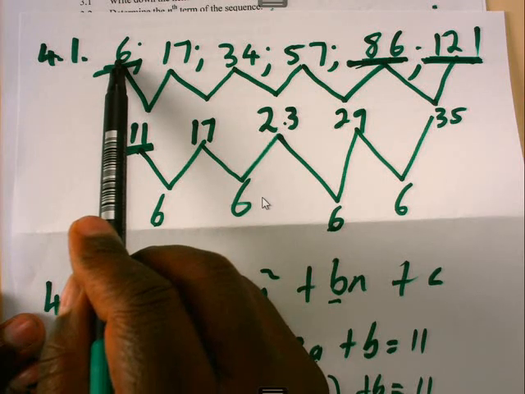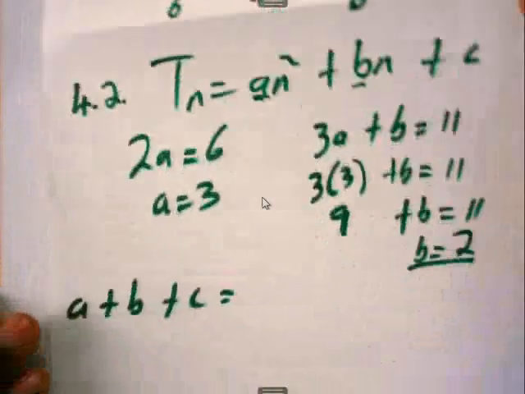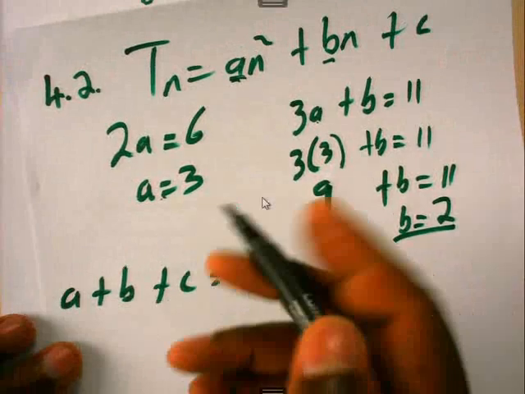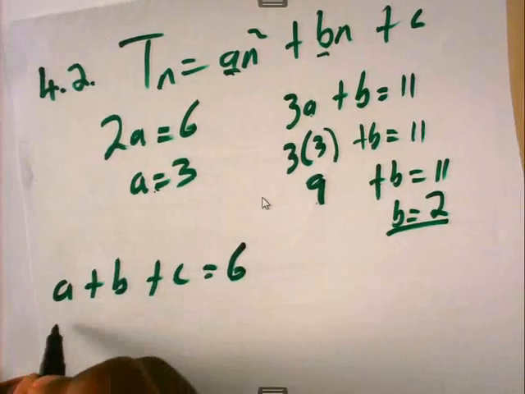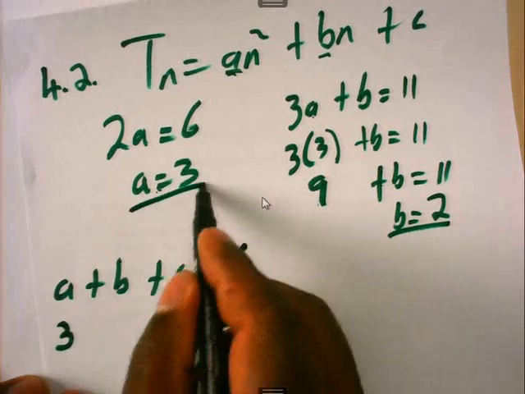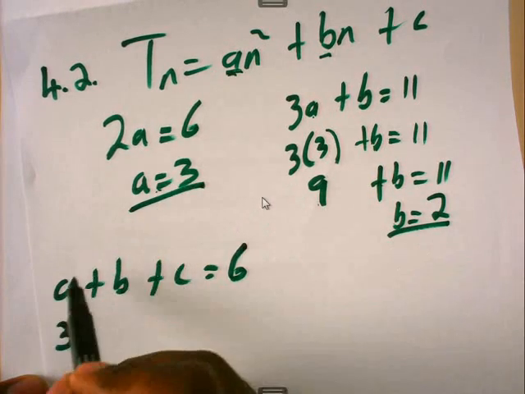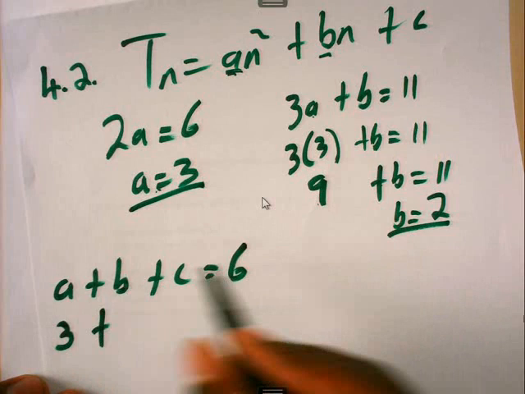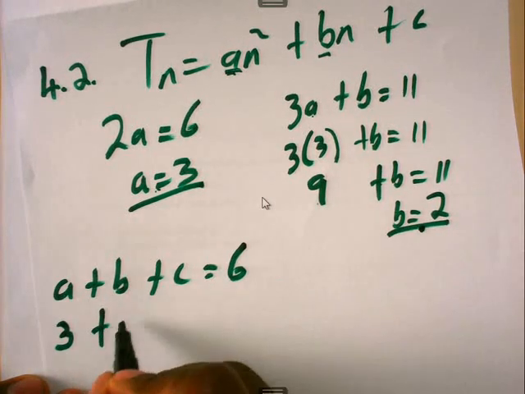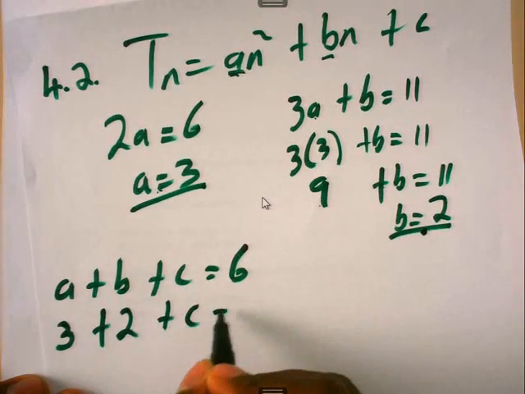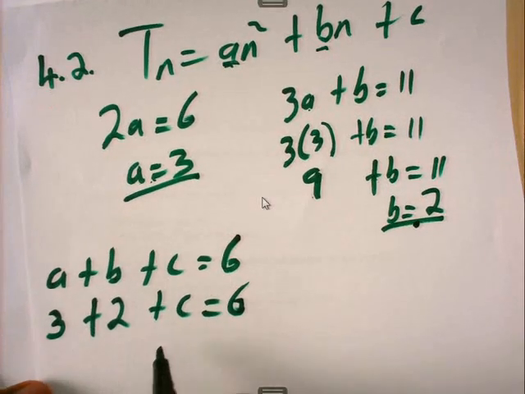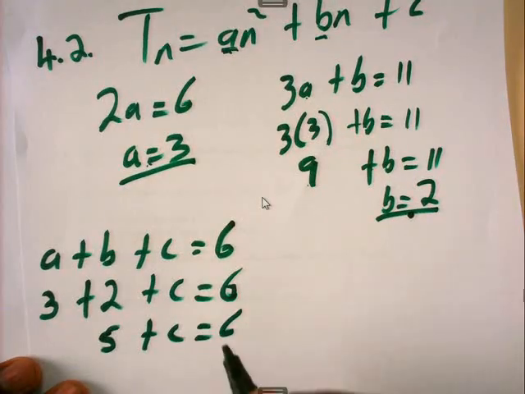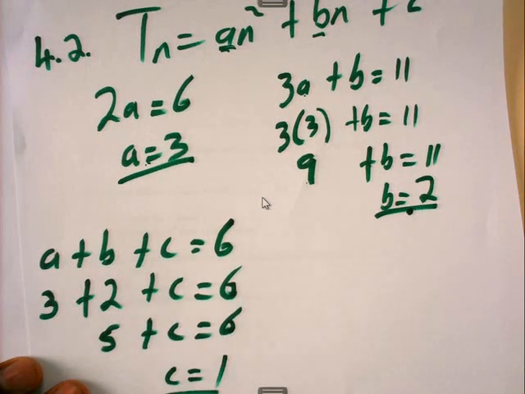So we say a plus b plus c equals 6. a is 3, so we substitute a by 3, plus b is 2, we substitute b by 2, then we need to determine the value of c. Therefore, 3 plus 2 gives you 5. Then you transpose, and c will be equal to 1.